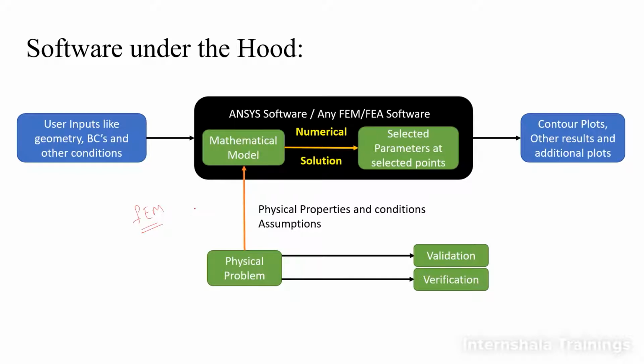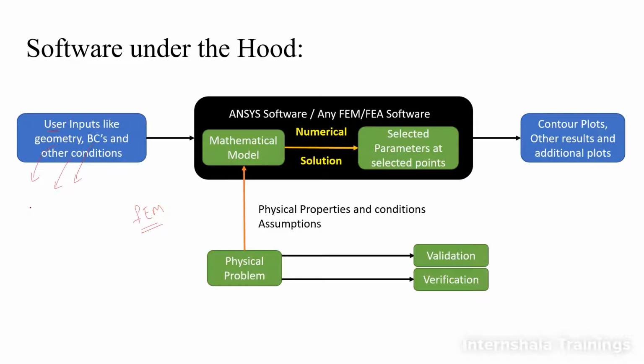So what is the first step or the major step? Here, first of all, the users will try to give the geometry, the boundary conditions, and the other conditions. So already we know geometry can be given in a number of formats. Using different kinds of CAD software, we can produce a number of CAD models.